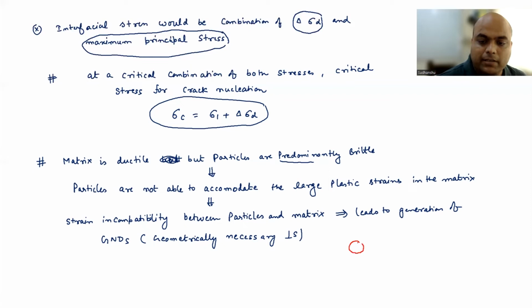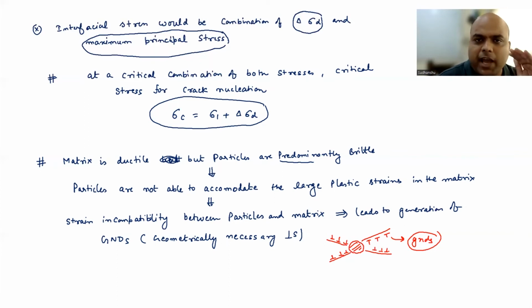So if you have this particle in the matrix, you are going to have GNDs like this. GNDs. Okay, all caps GNDs. Okay, so this is what the void nucleation is about.